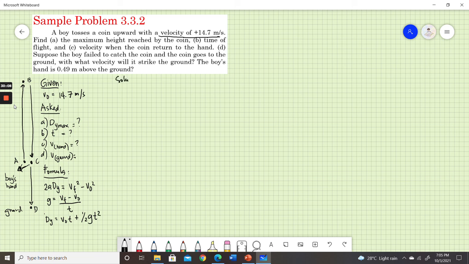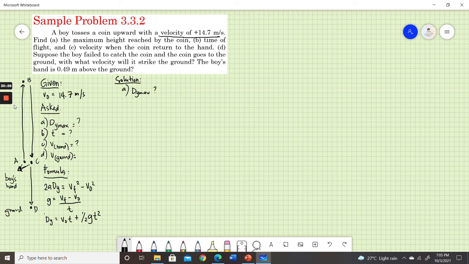So let's begin solving our problem. Let's begin with A. What is the maximum height that the coin reached after it is released from the boy's hands? So what is the dy max?